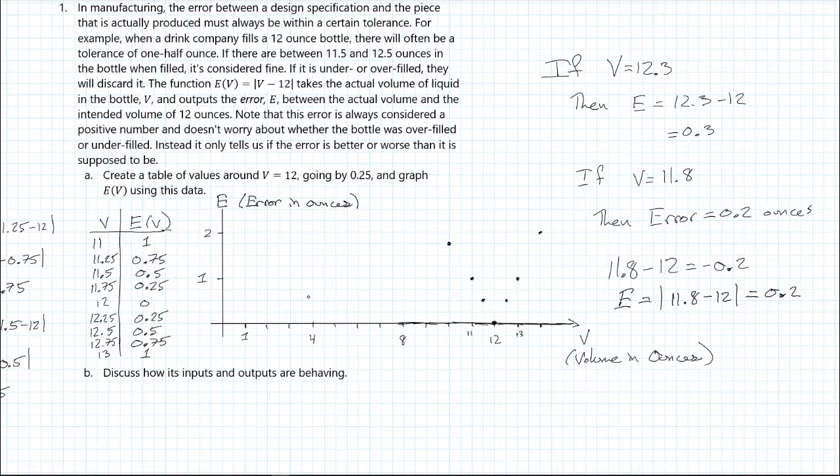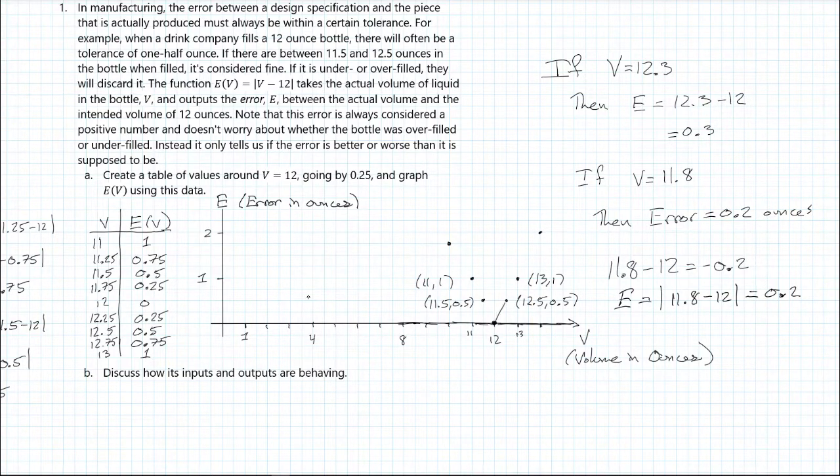So we get this V shape out of this. I'm going to label a couple of these. Here's 12.5, comma 0.5. Over here we have 11.5, comma 0.5. And then I have 13, comma 1 and 11, comma 1.